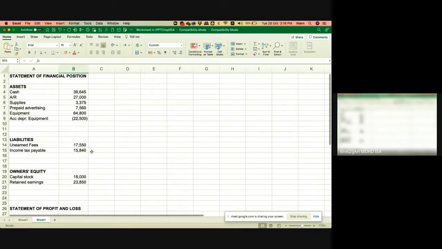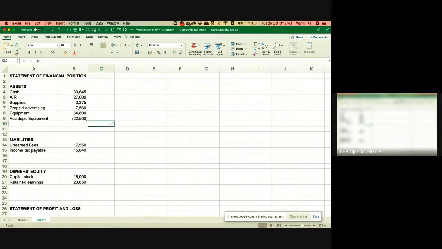My salaries is, I got it wrong. This one is 78,570. 78,570. Salaries is 28,800. 1080. 4050. Okay. So would I get a balance here?